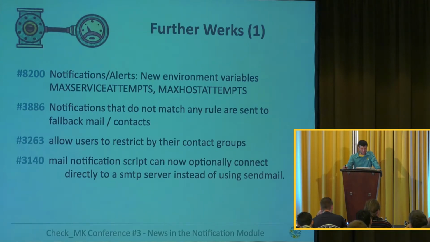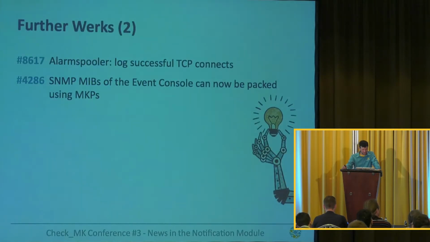Then the mail notification script can now also send emails directly to the SMTP server. This could be activated in the global settings directly or with each email rule separately, if you want to contact specific email servers, which of course is possible.